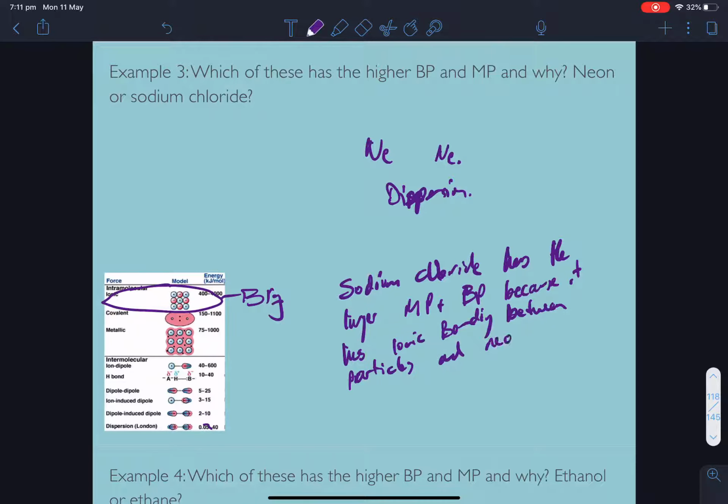And neon just has dispersion forces between particles, or in this case, between atoms.